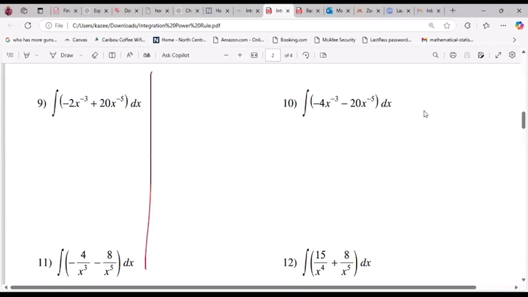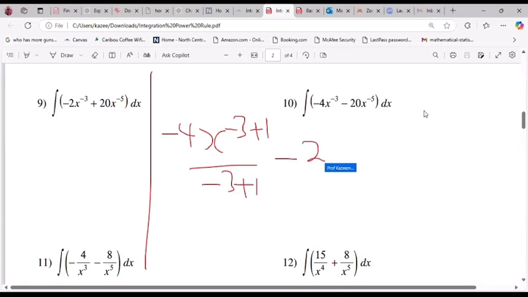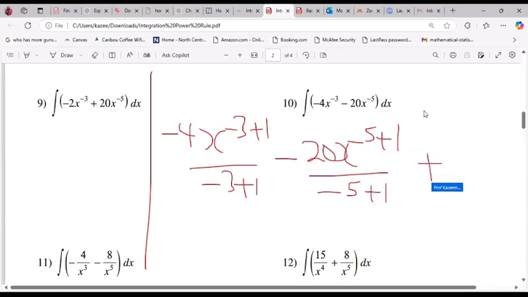So it's going to be negative 4 x raised to the power negative 3 plus 1 divided by negative 3 plus 1, minus 20 x to the power negative 5 plus 1 divided by negative 5 plus 1. Then finally, you're going to put a constant c. So that's going to be what? Negative 4 here, negative 3 plus 1, negative 2.